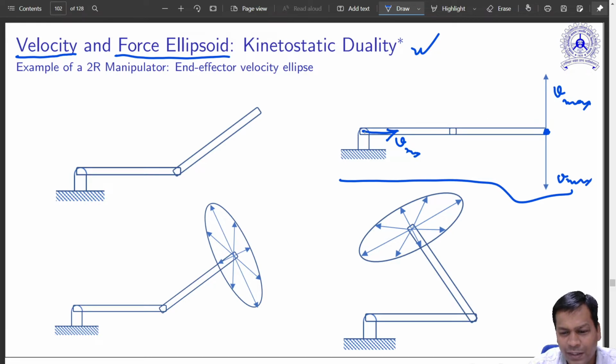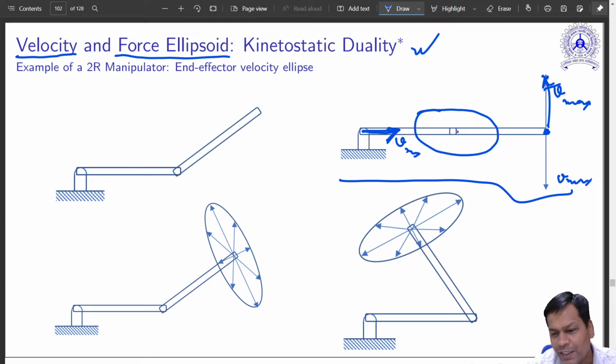When this becomes maximum, in the other case this becomes maximum. So in between you will have something like an ellipse that says it has more value in this direction, less value in this direction. Gradually the ellipse major axis will reduce as you move from inside to outside. So that is what the velocity ellipsoid is.